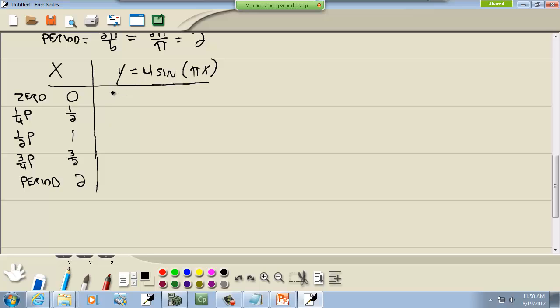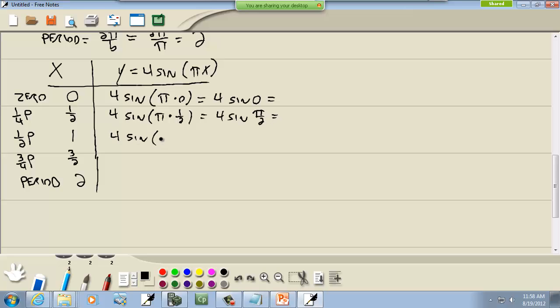Okay, so we're going to plug those in. So I got 4 sine of pi times 0, which gives us 4 sine of 0. This one is 4 sine of pi times a half, which gives us 4 sine of pi over 2. This one is 4 times sine of pi times 1, which is 4 sine of pi.